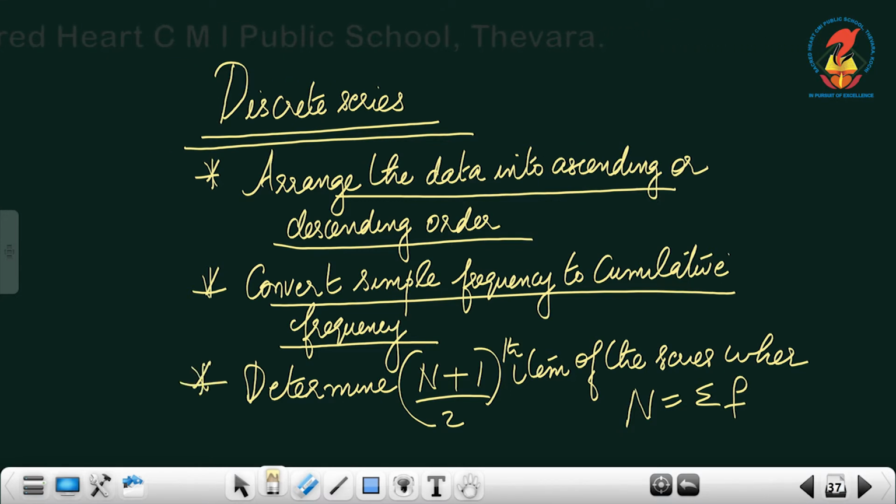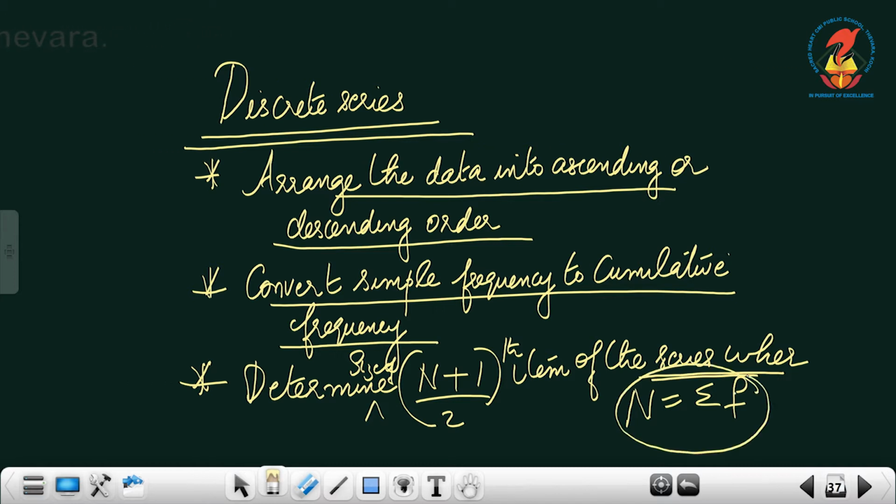Third one is determine the size of n plus 1 by 2th item of the series, because n here is not the number of observations, it is total of f, because there is presence of frequency here. But in individual series, n is only number of items, but here it is total of frequency. That also you have to keep in mind.